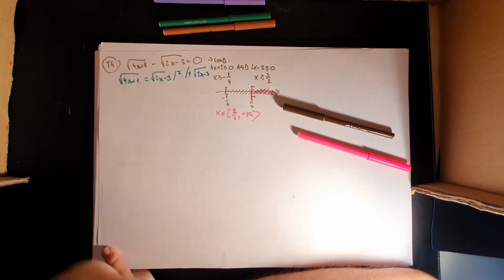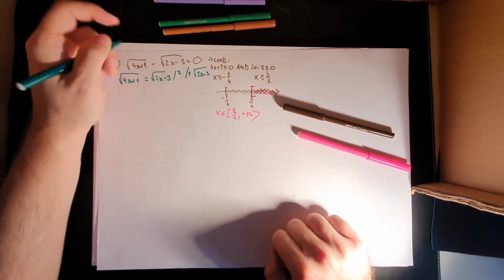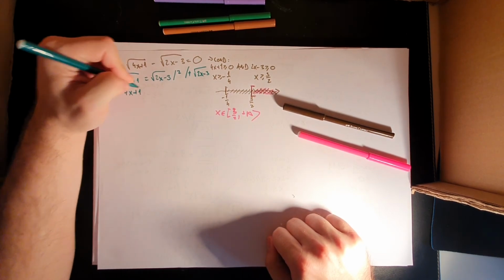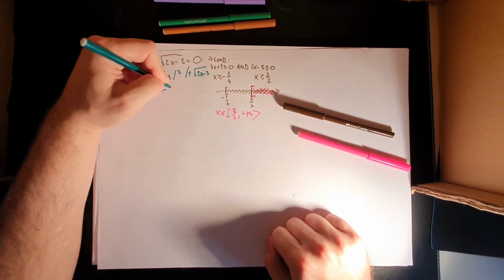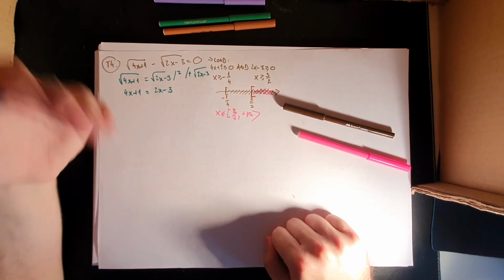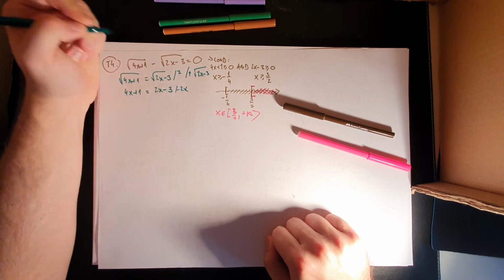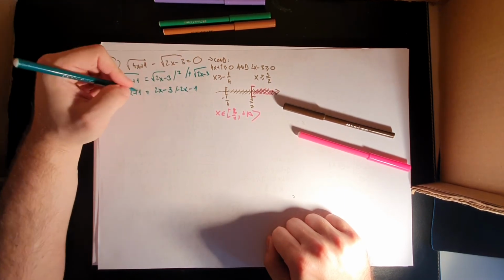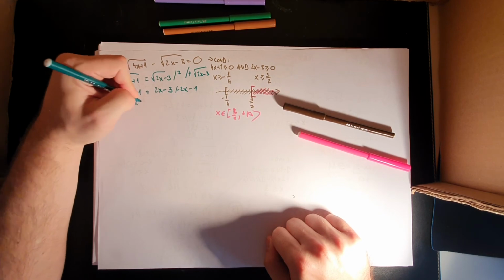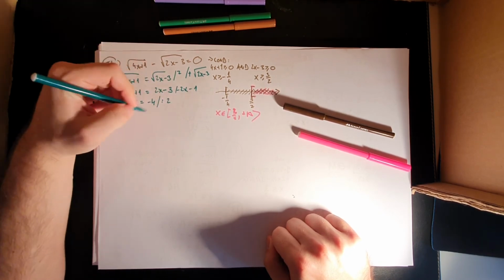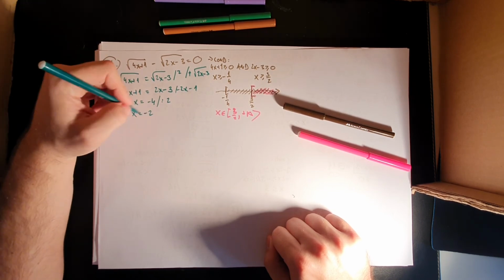Let's go with the square. So next step is that this is going to be 4x plus 1 equals to 2x minus 3. Oh, we got the linear equation. Let's solve this. Minus 2x for both sides, and let's use minus 1. So this is going to be 2x equals minus 4. Let's divide by 2, and x is equal to minus 2.